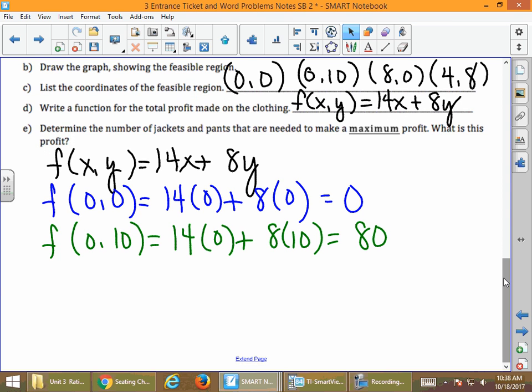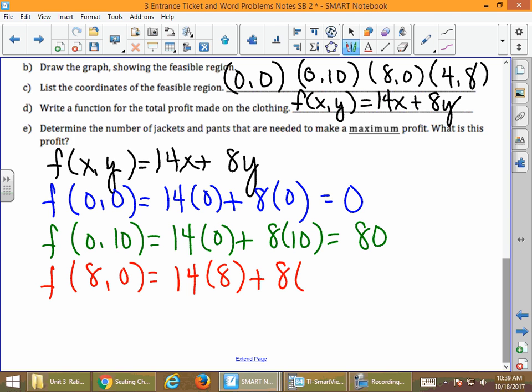Next value is 8, 0. These are just the values that we listed in part C. F of 8, 0. So we're going to put 8 back in for x, and we're going to put 0 back in for y. And we end up with 112.